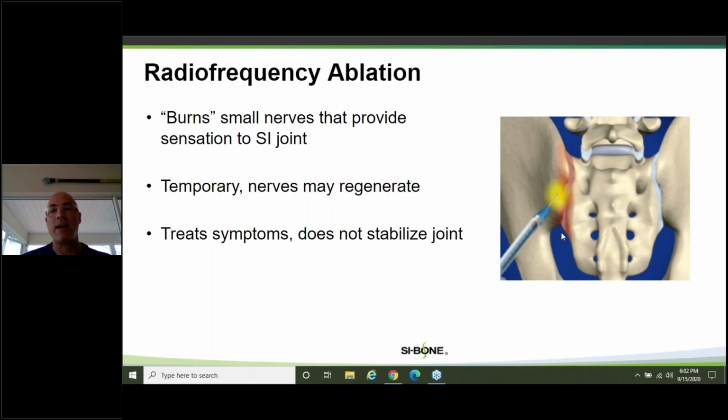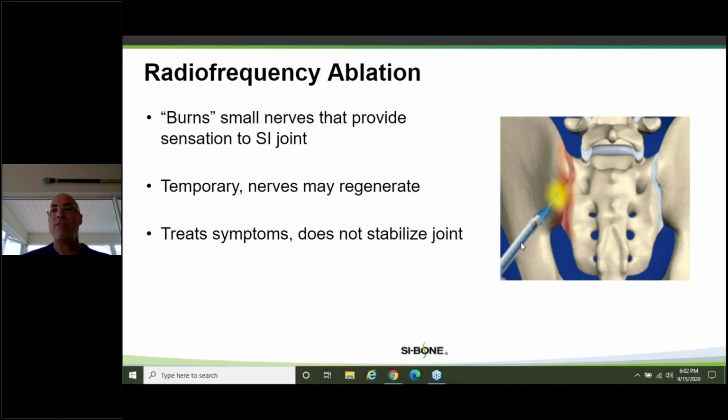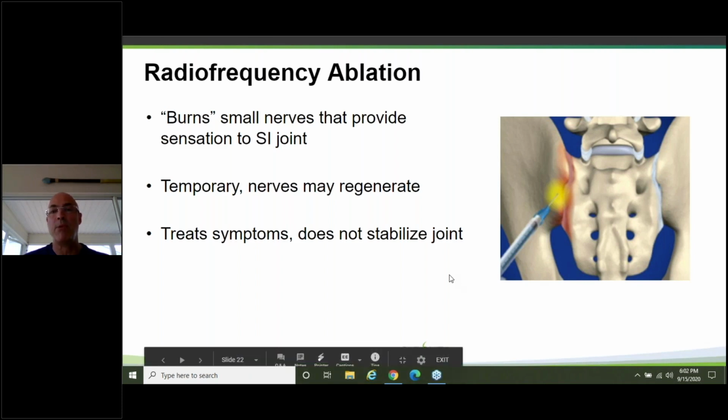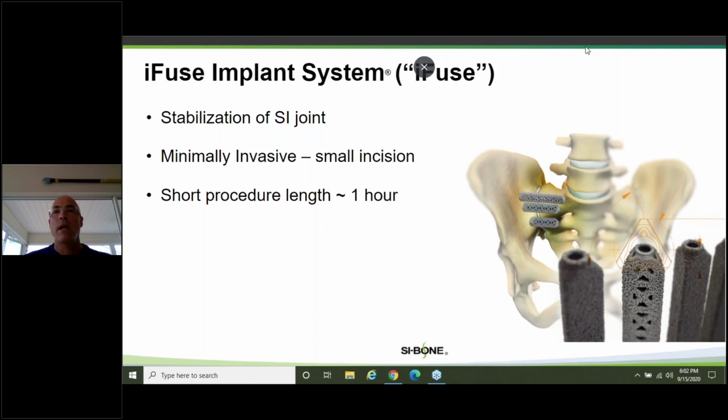It's not only in the back of the SI joint, but in the front of the SI joint, coming from below and coming from the top. So it's very difficult to deaden all the nerves so that the sensation to that joint completely goes away. When it works, it's a great treatment option. It can be repeated every year because the nerves do regenerate, so the pain does tend to come back.